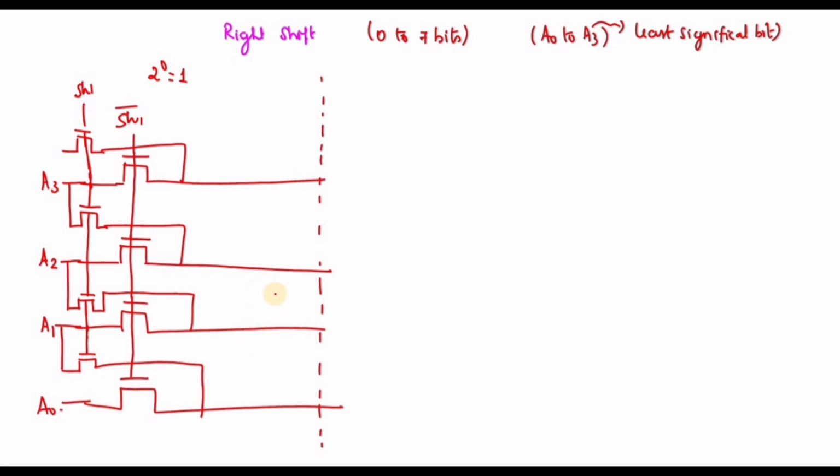So if sh1 is equal to 1, it will shift the value 1 bit right. If sh1 bar is equal to 1, there will be no change. So this is about the first stage. This is stage 1.